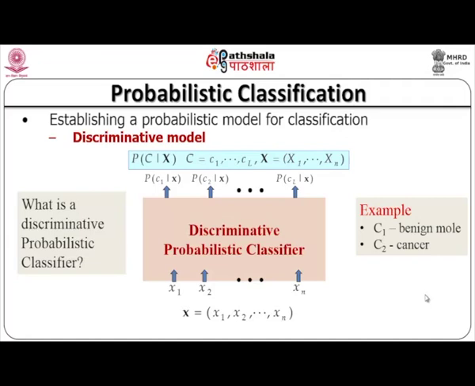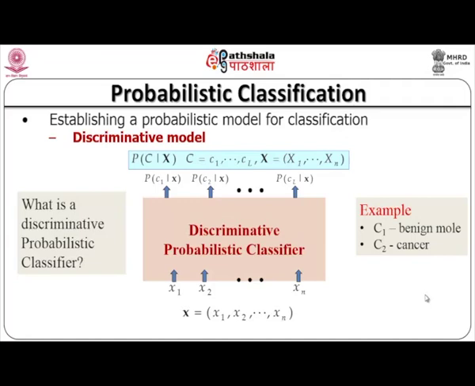So the probability of C given x, where C is C1 to CL, here we are saying L classes, and x is x1 to xn. So this is the idea. An example could be C1 is benign mole and C2 is cancer. Given the data, what is the probability of it belonging to a class? This is called a discriminative model, where you model the class.